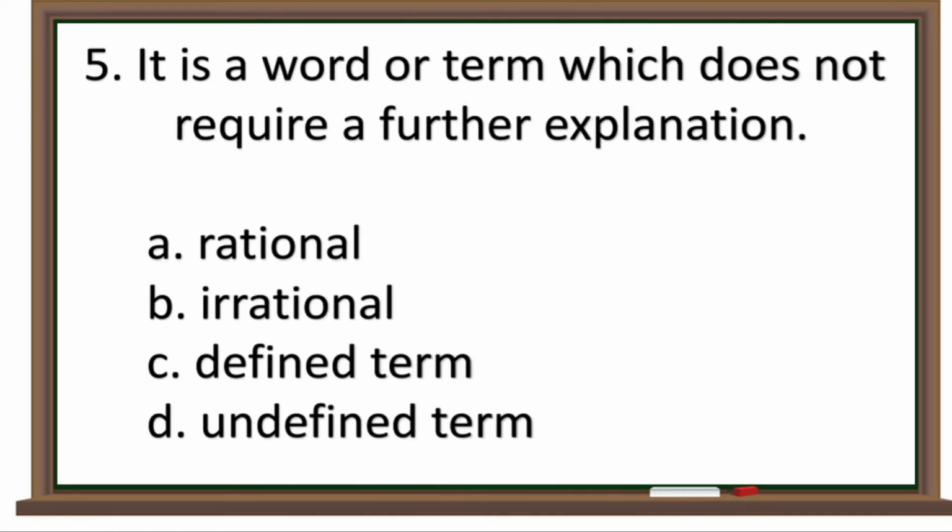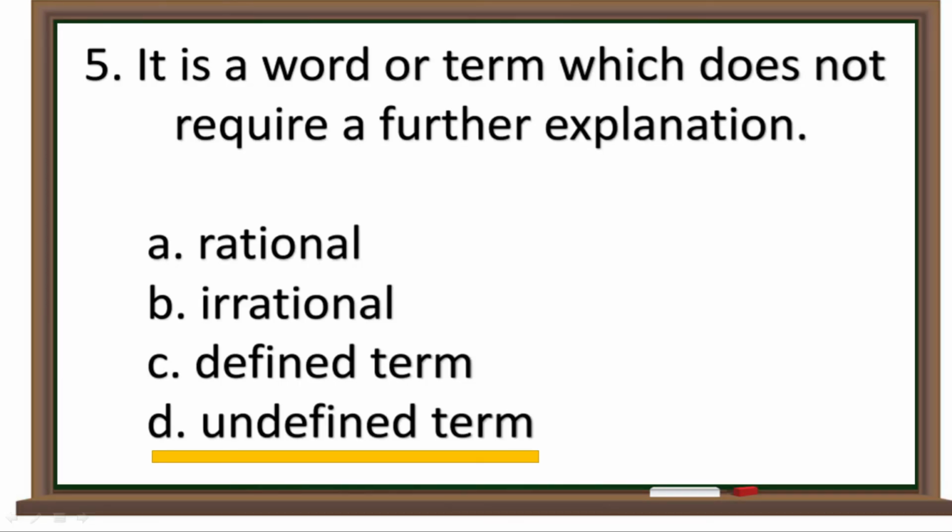Number 5. It is a word or term which does not require a further explanation. Letter A. Rational. B. Irrational. C. Defined terms. D. Undefined terms. The correct answer is undefined terms. Letter D.